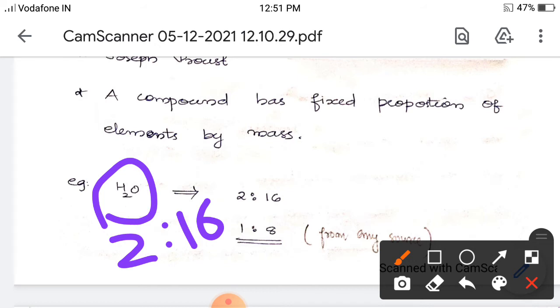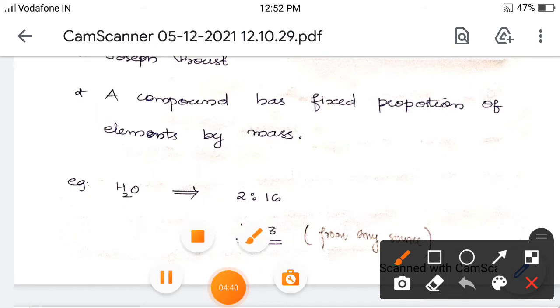The atomic mass of oxygen is 16 and the mass of hydrogen in H2O is 2. This compound H2O has a fixed proportion of elements by mass, that is, any compound has a fixed proportion of elements by mass.